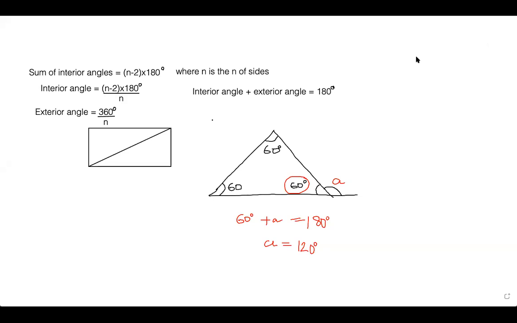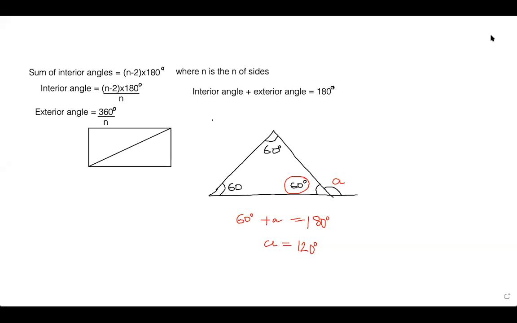Originally, you have n minus 2, where n is the number of sides, which is 4, minus 2 times 180. So 4 minus 2 gives 2 times 180, divided by the number of sides, which is 4. That will give you the interior angle.